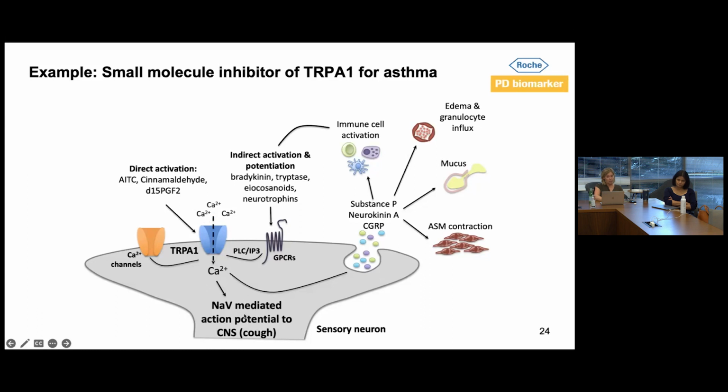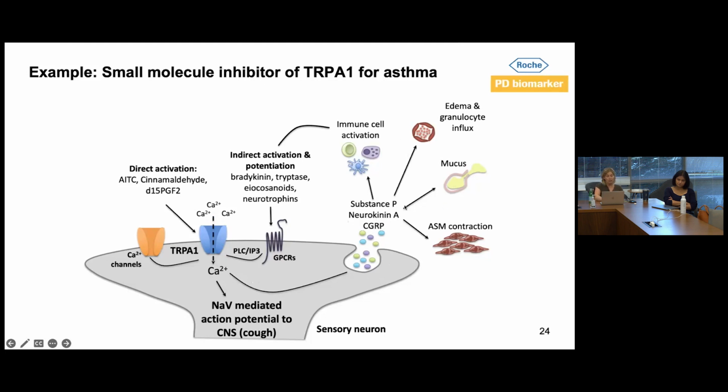And so we're interested in it for some of our respiratory diseases like asthma and COPD and maybe even chronic cough.